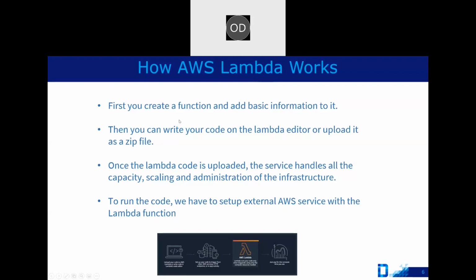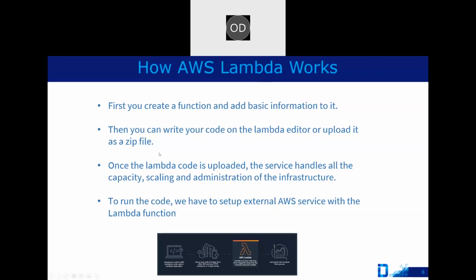We can write our own code, our own logic there, or we can upload it as a zip file. So in our local machine, we can create our own project, our own logic, and upload it as a zip file. Then AWS Lambda runs that particular code logic and gives the result from that service.